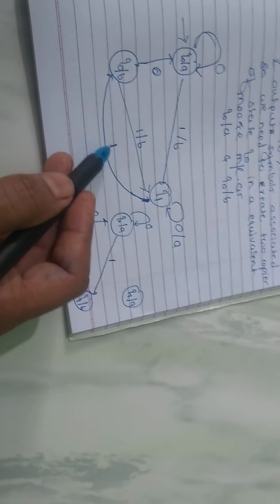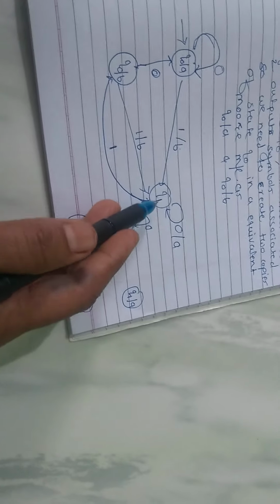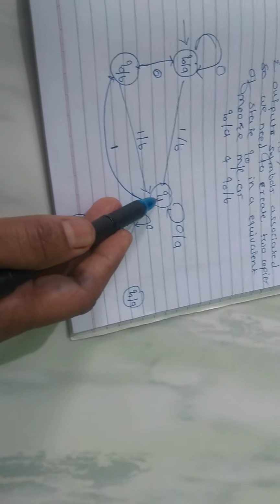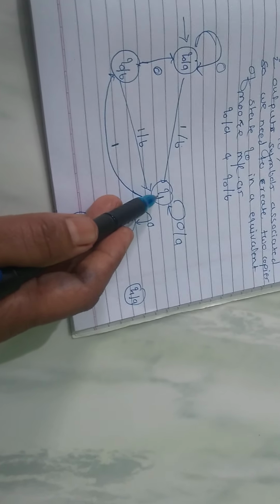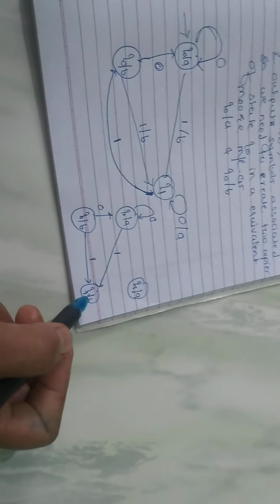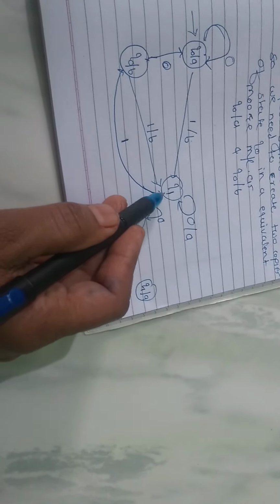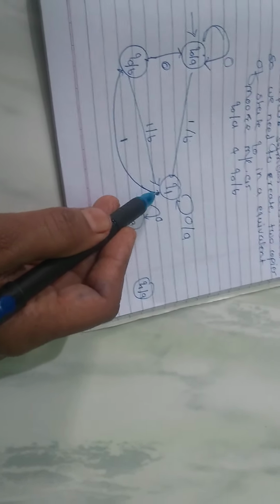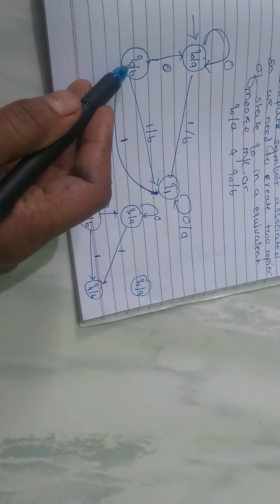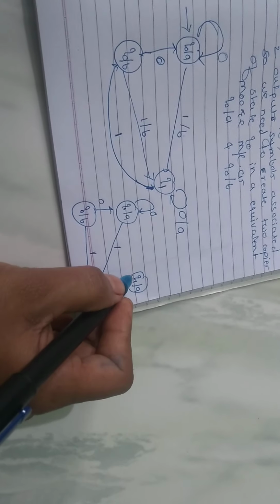Then this one, before that let's see this one. Here we already converted in the previous step, but now the source state has two copies, Q1 oblique A and Q1 oblique B. So this will be originated from both copies of Q1 and will reach Q0 oblique B. So draw that one.